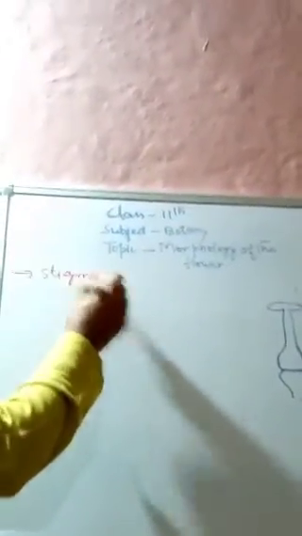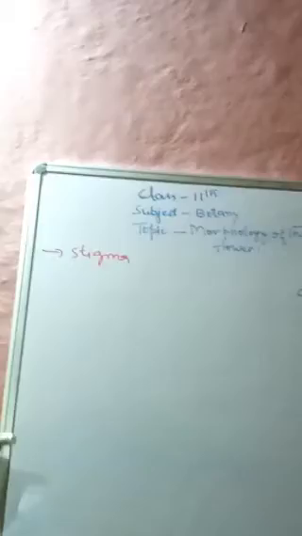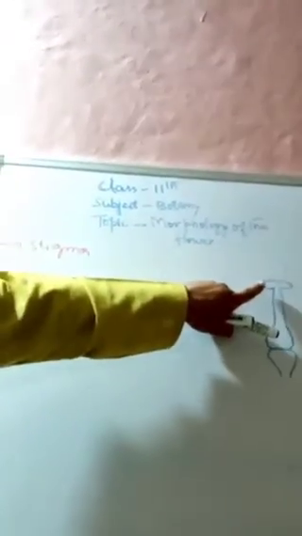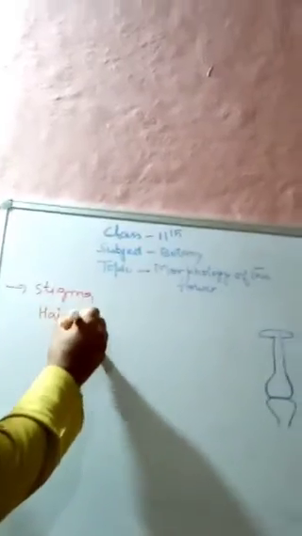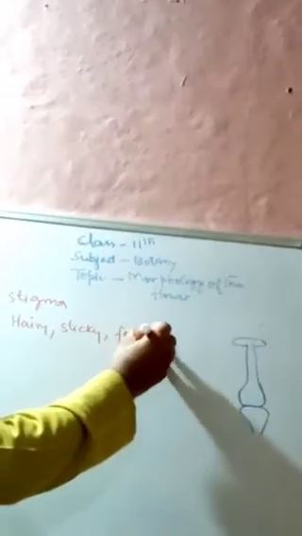Stigma is the terminal part of the carpel, and it receives pollen grains from the anthers during the process of pollination. Its surface may be somewhat hairy, somewhat sticky, or somewhat feathery, because it does not allow these pollen grains to move away from its surface.